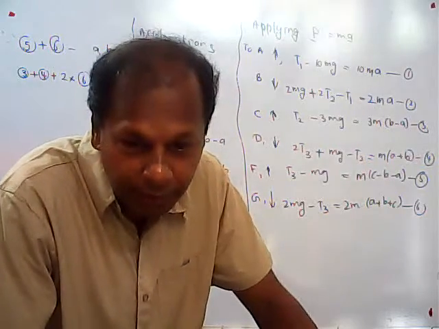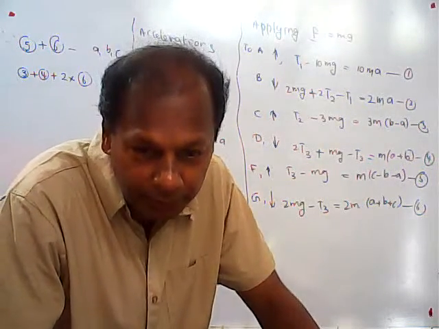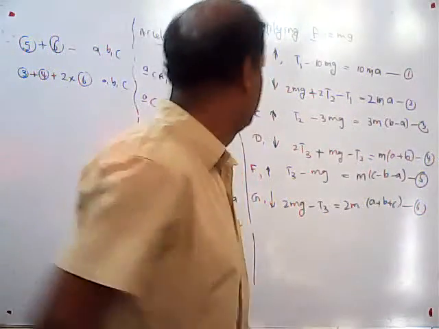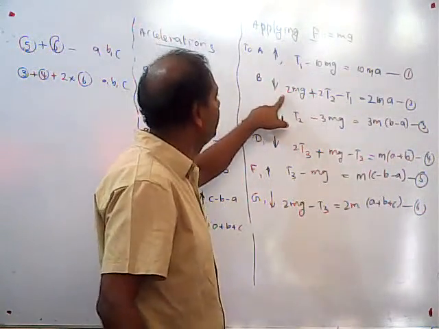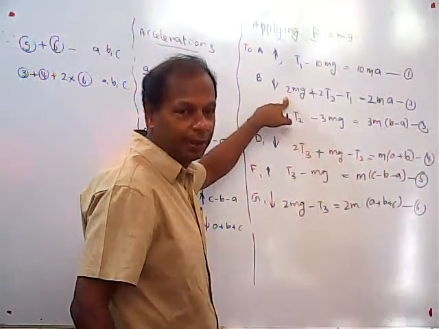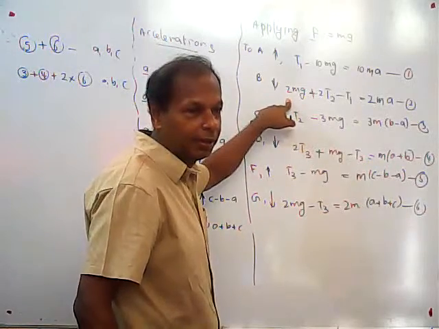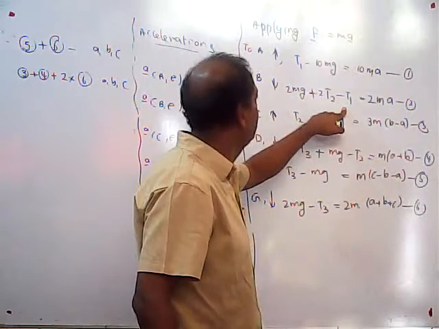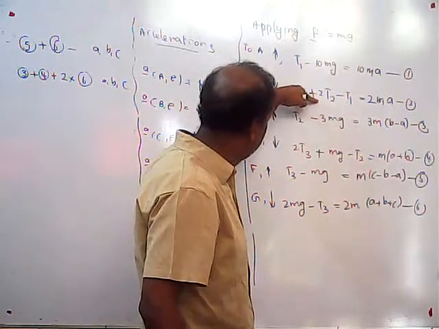2 into 6. Oh, yeah, it's okay. Now my question is, 1 plus 2. You have these two, 1 and 2. You get rid of P1, but P2 will remain.